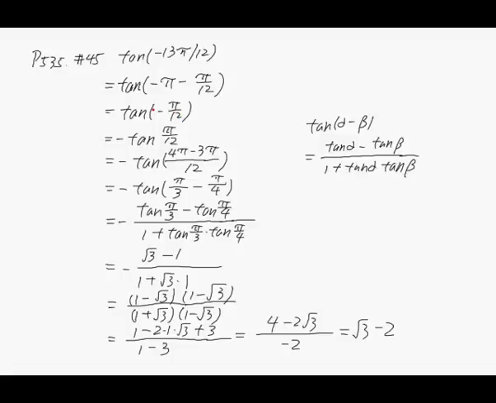Then you have the tangent of the negative pi over 12. And here I use the property that the tangent is an odd function. Actually, you may also write this as 3 pi over 12 minus 4 pi over 12, right? And then you can still use this tangent of a difference identity to get the same value.